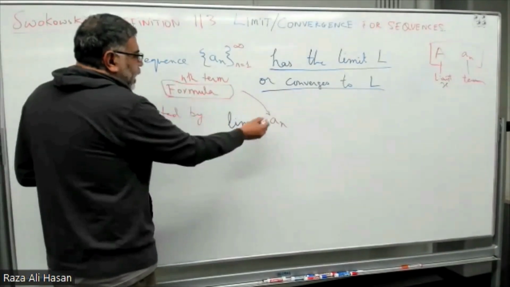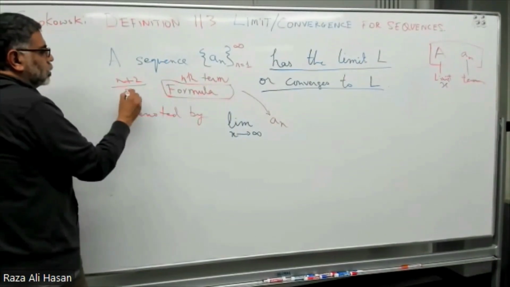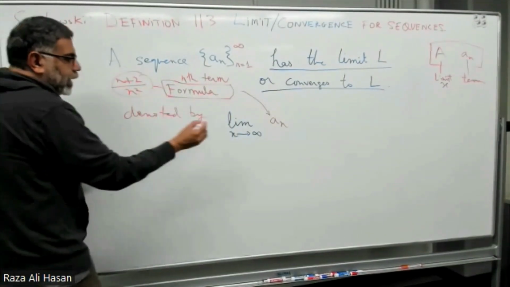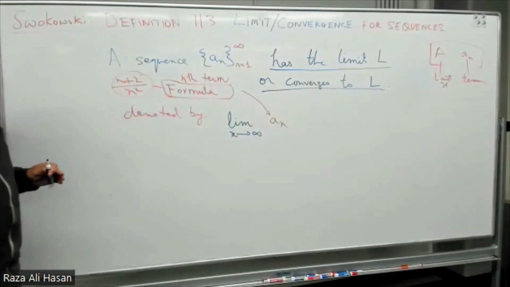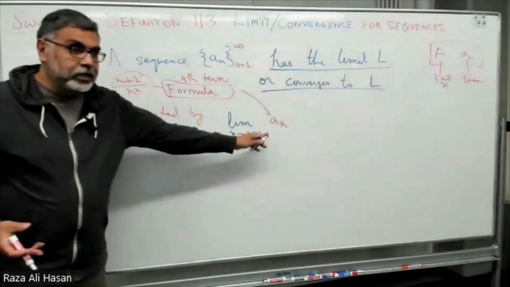There is an actual formula for this, it might be like this. The formula that generates each term of the sequence goes here.